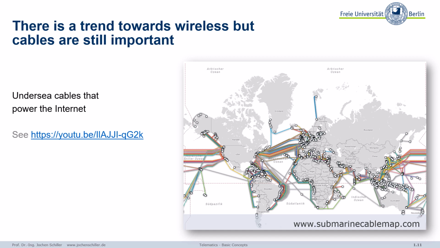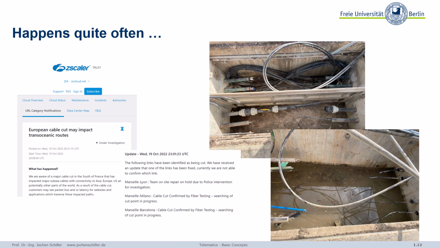But these are cables. And from time to time, things happen to cable. And you may think that usually nothing happens. But for example, during conflicts between states, some states, they simply cut cables. Or someone who wants to destroy things, they simply cut something. And if you have a closer look here, you see, okay, that doesn't look nice.